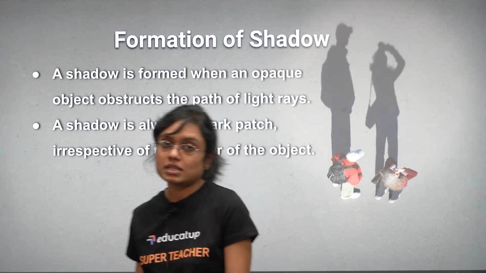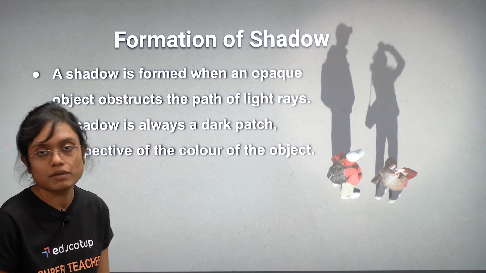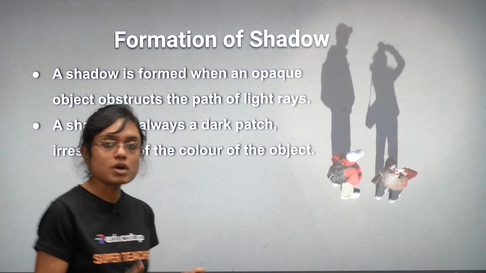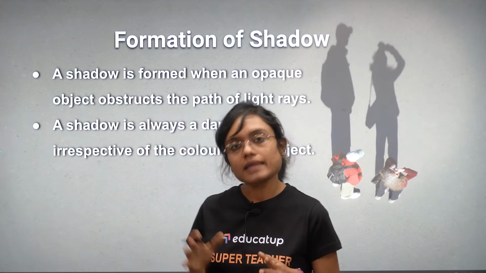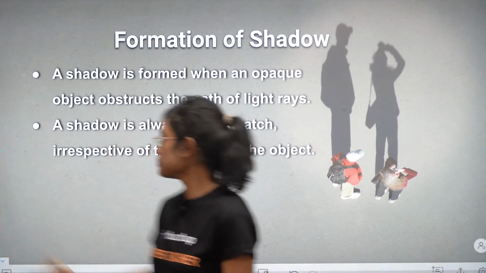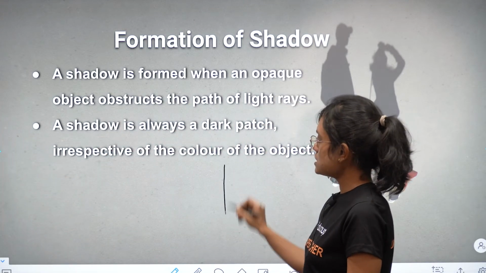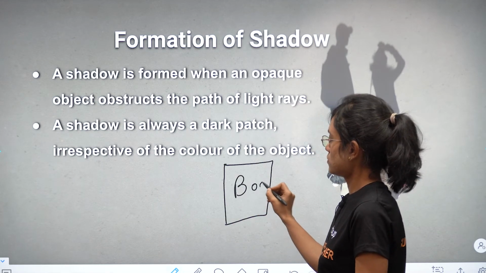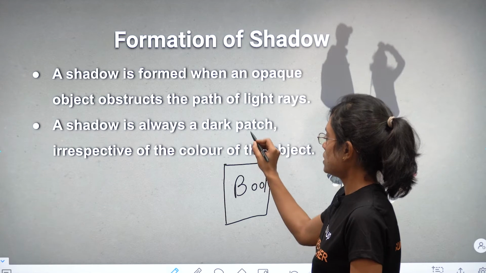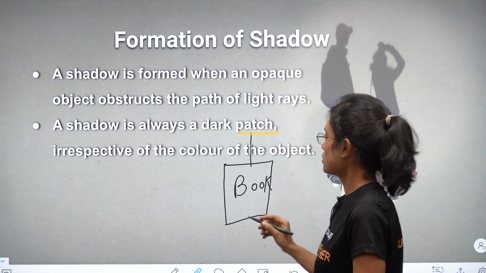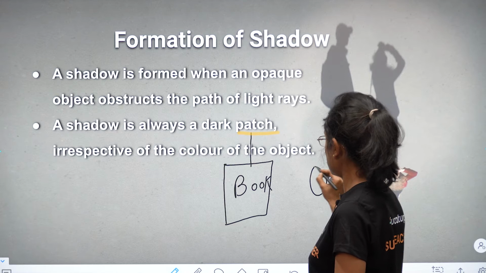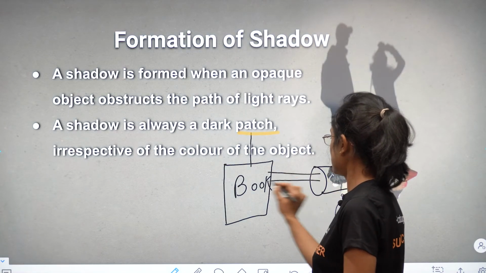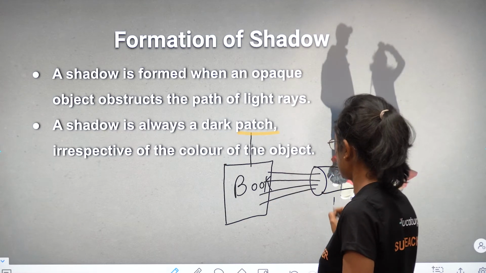Formation of shadow. This is something we all used to do and love to play with. A shadow is formed when an opaque object obstructs the path of the light rays. That means, if this is a book, it is being hanged through something, and this is the source of light, maybe a torch.